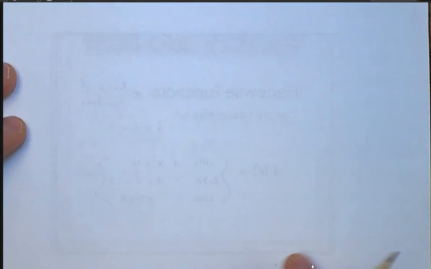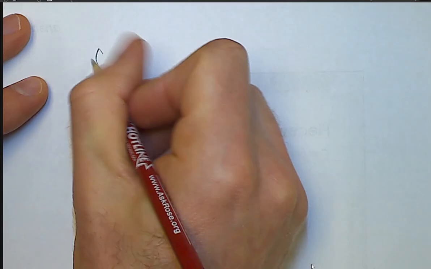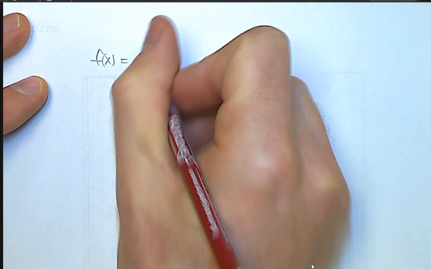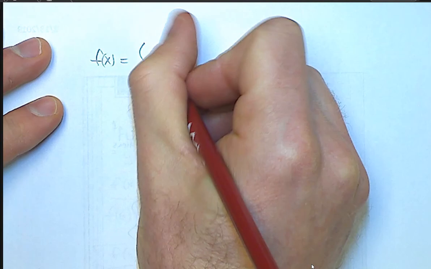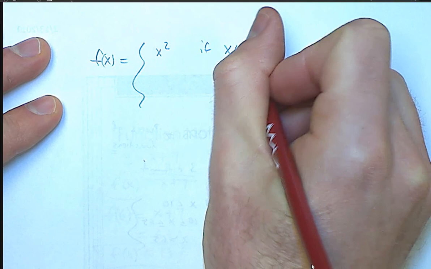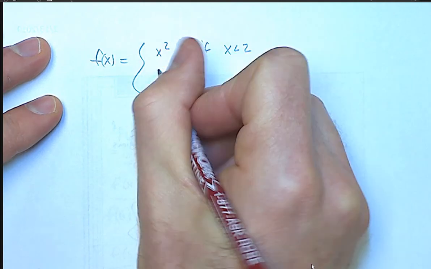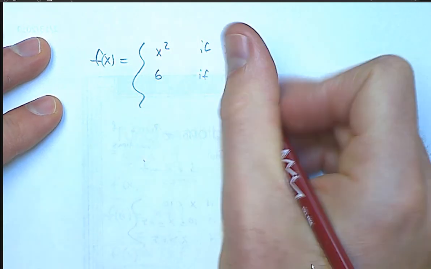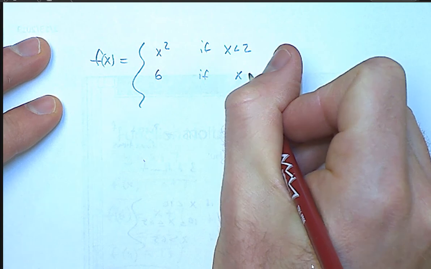Let's do one more together here. I know I don't have a slide, but let's just try one. So let's write f of x equals x squared if x is less than 2. We'll do a 6 if x is between 1 and 2.